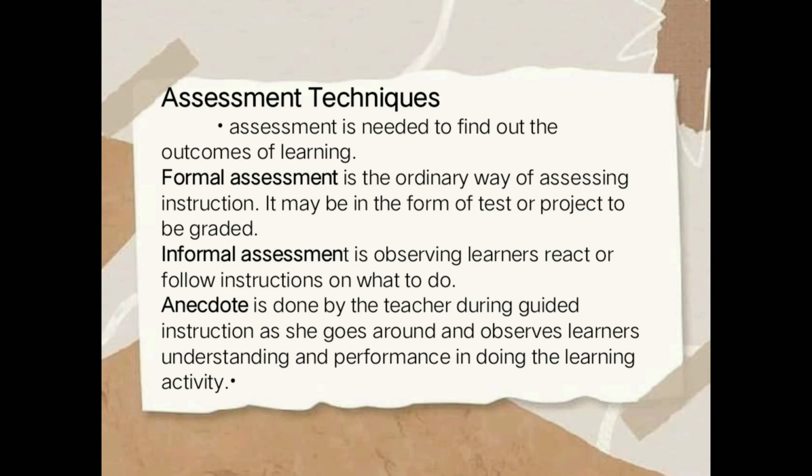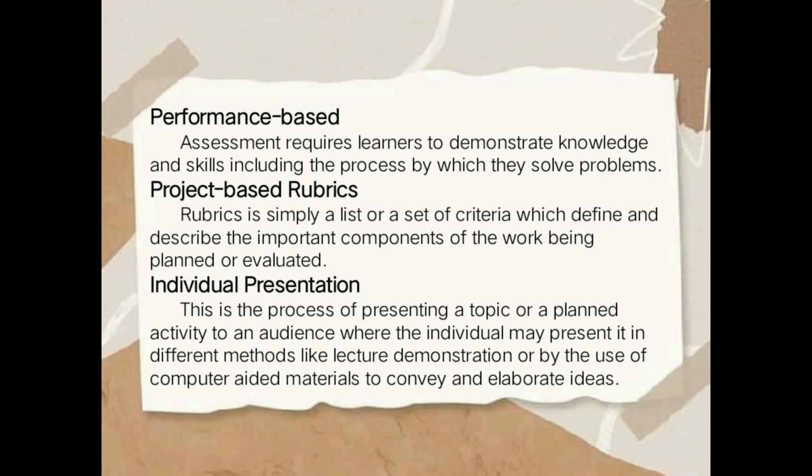In EPP and TLE, there are tools that are frequently used in assessing the skills of learners. First, performance-based. Assessment requires learners to demonstrate knowledge and skills, including the process by which they solve problems. Second, project-based rubrics.